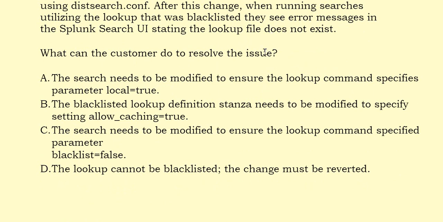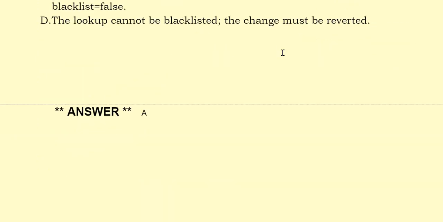Option C, the search needs to be modified to ensure the lookup command specifies the parameter blacklist=false. Option D, the lookup cannot be blacklisted, the change must be reverted. The correct answer is option A.